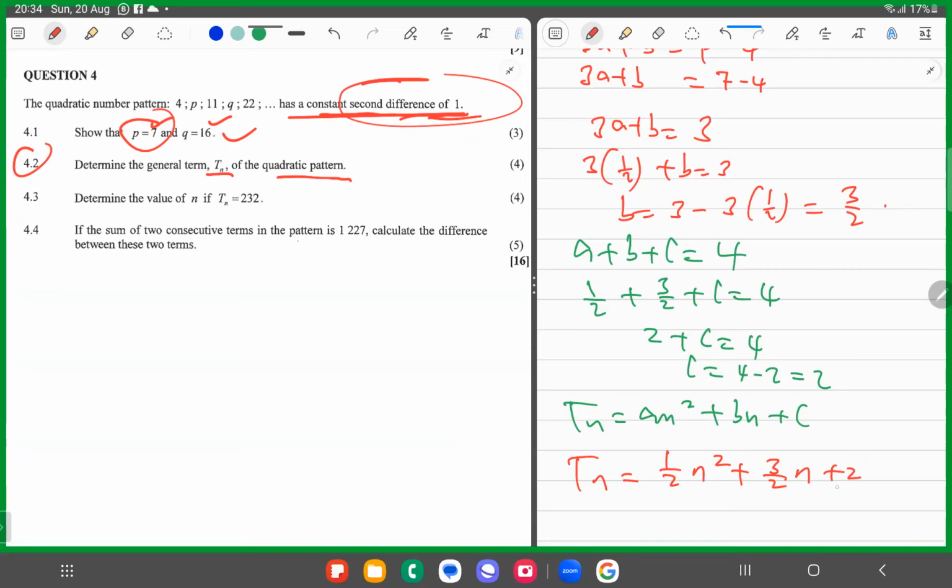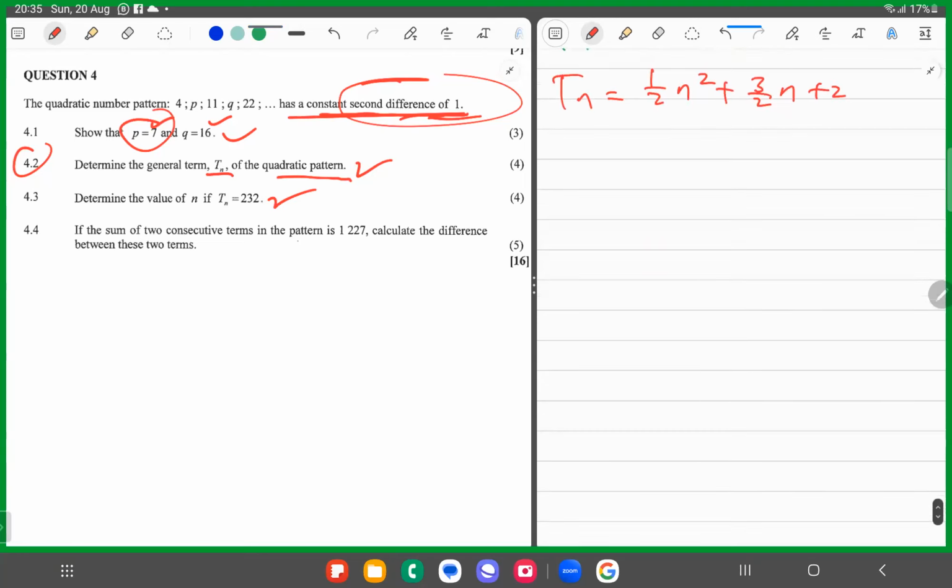So Tn is half n squared plus 3/2n plus 2. Next, determine the value of n if Tn is 232.